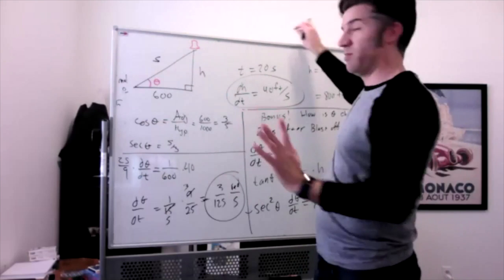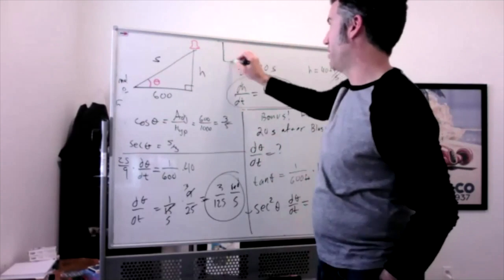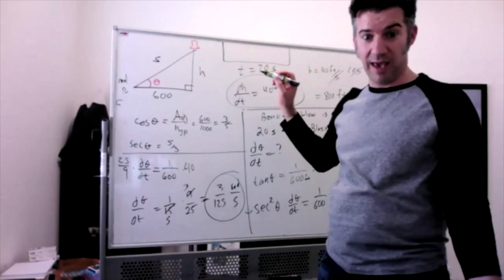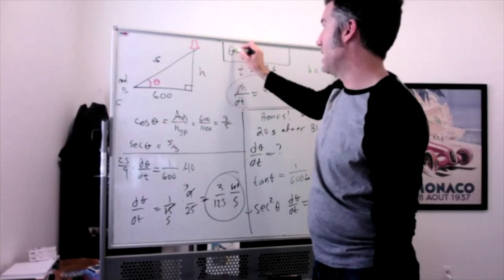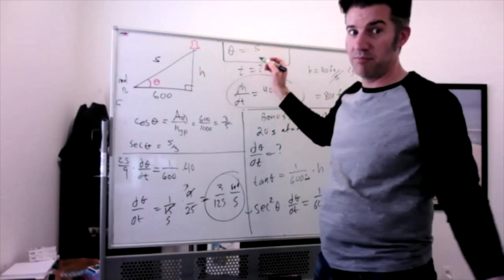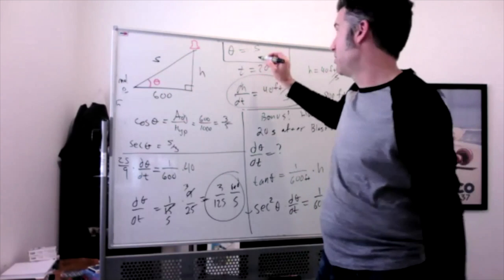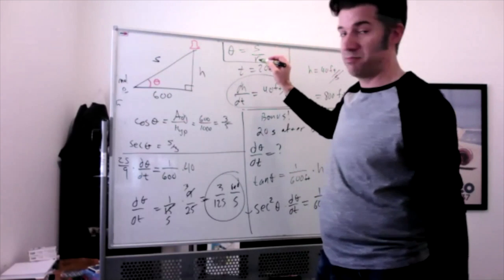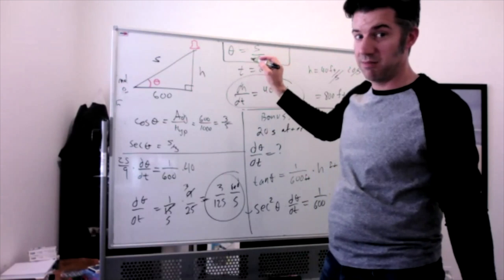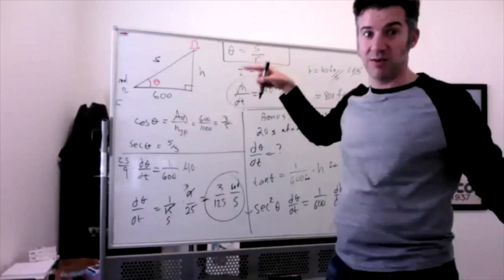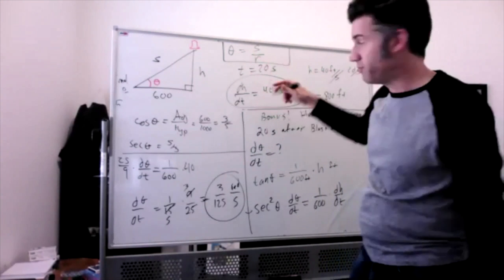I know it's been a while, but the way you calculate the angle in radians is the arc length in feet divided by the radius also in feet. And the feet cancel, and radians are a dimensionless unit.